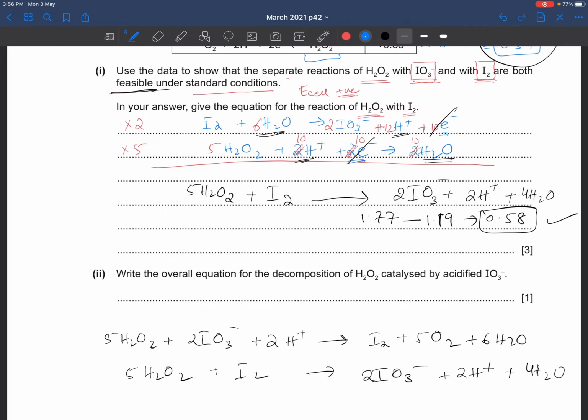Now let's cancel out whatever is cancelling here. 2H plus cancels with 2H plus, I2 cancels with I2, 2IO3 minus cancels with 2IO3 minus. So we are left with 5 plus 5, that is 10H2O2, nothing on the product side, and we have 6 plus 4, 10H2O plus 5O2.